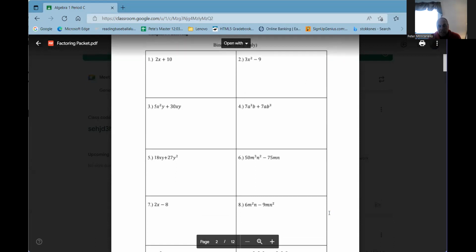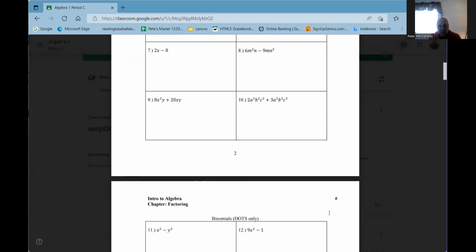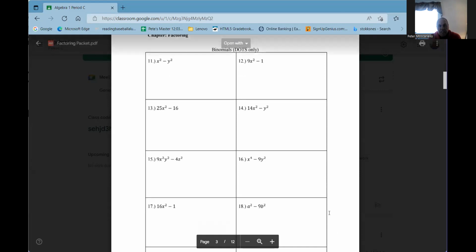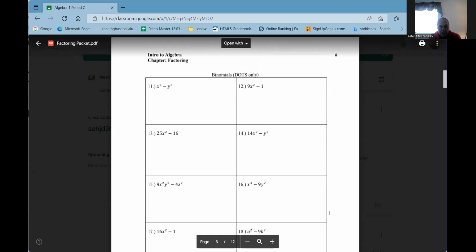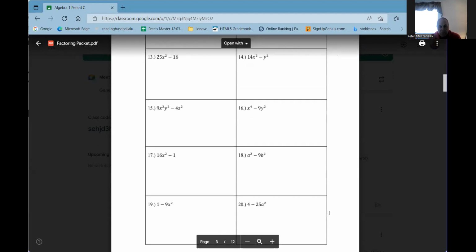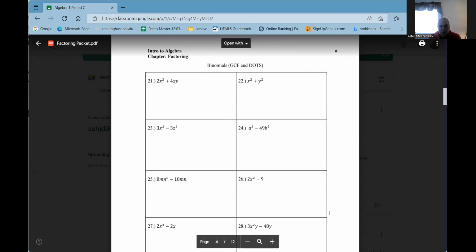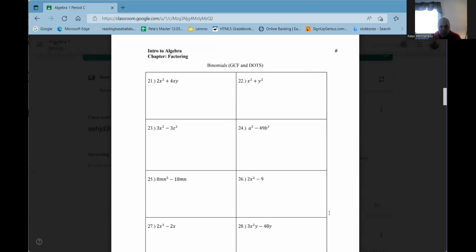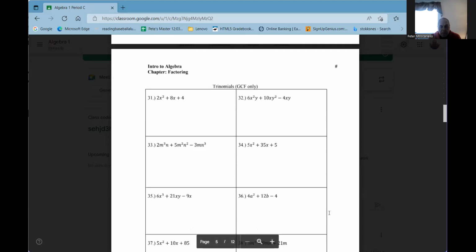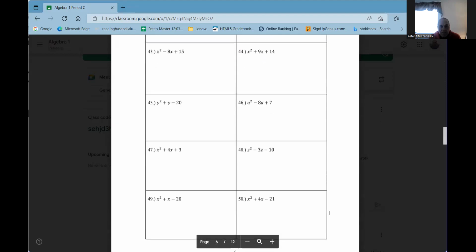These are all GCF. 1 through 10 are all GCF. These are all difference of squares. They call it DOTS, difference of two squares. Then these are GCF and difference of squares. Like we practiced today, take out a GCF first, and then do difference of squares. And then you skip these and go 41 to 50.